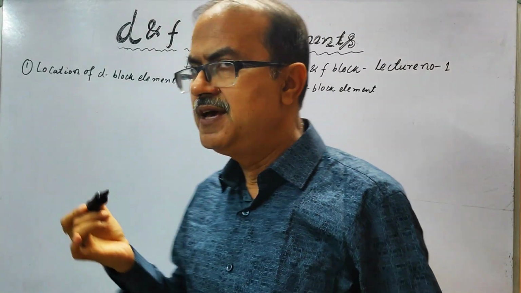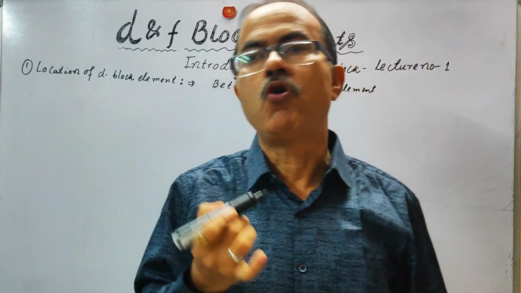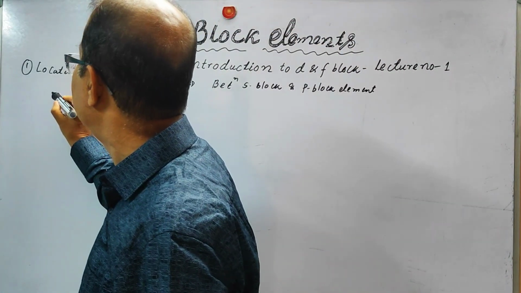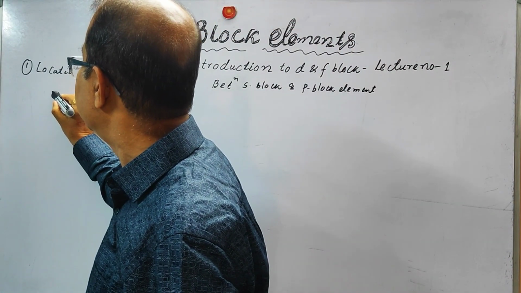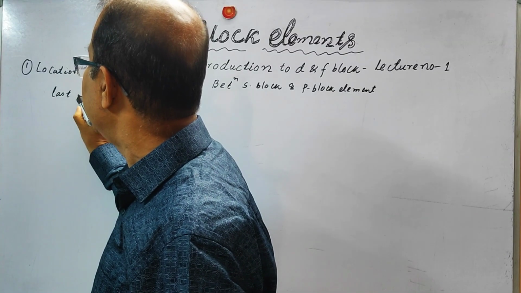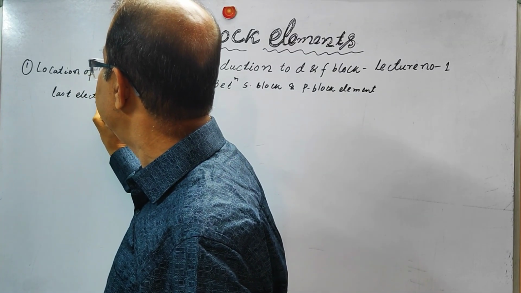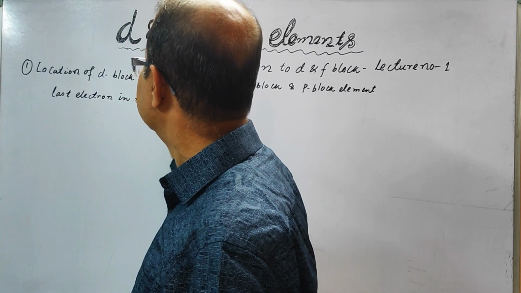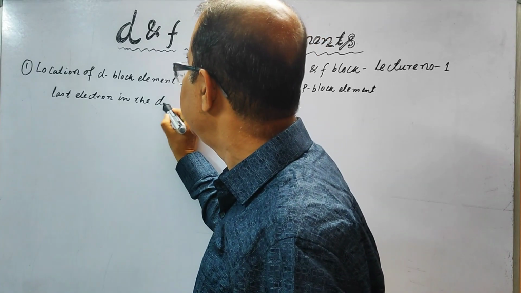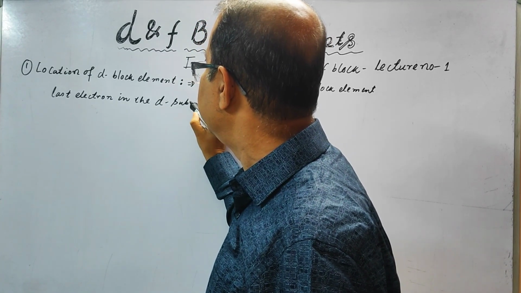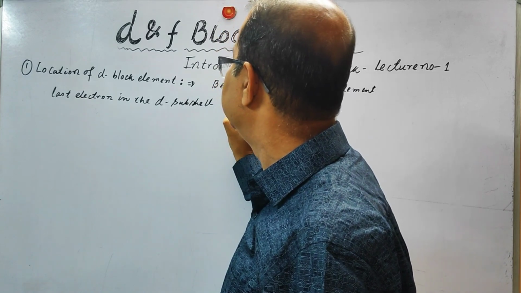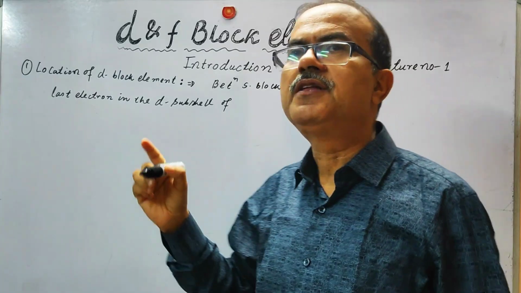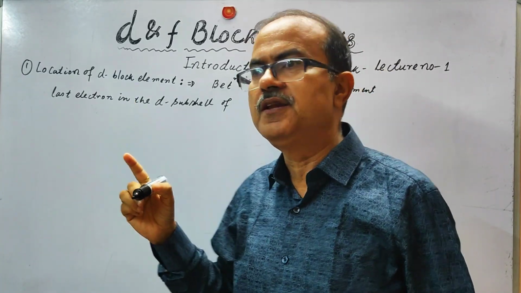And why are these elements called D block elements? Because the last electron enters the D subshell, but not of the outermost shell.